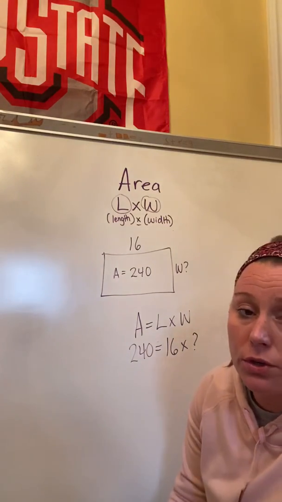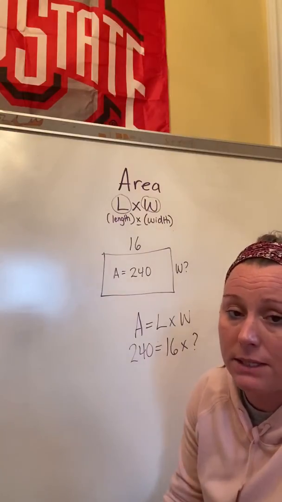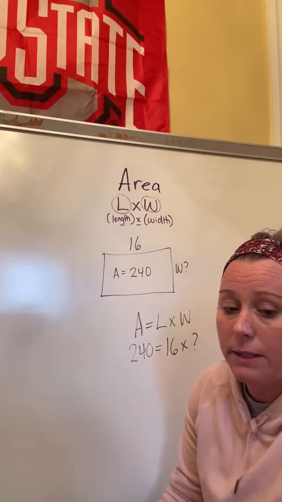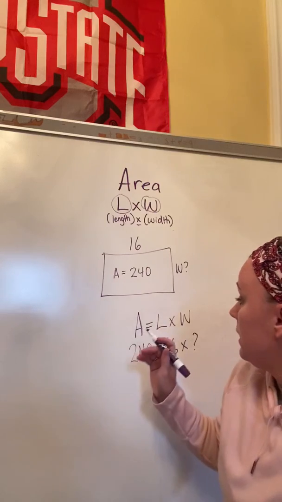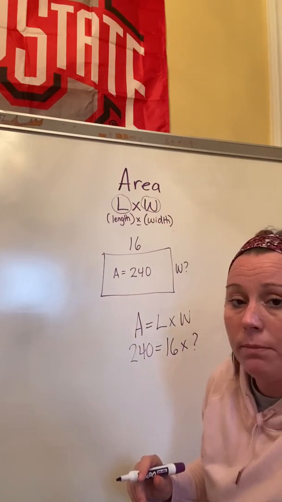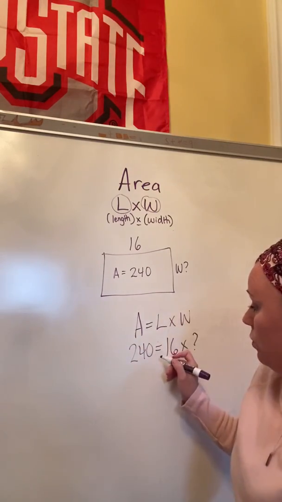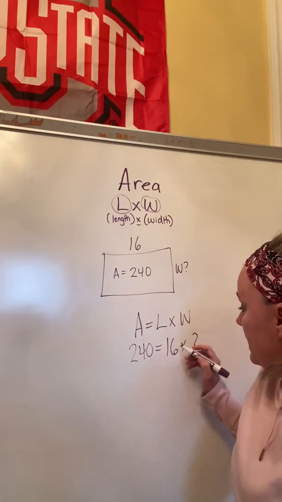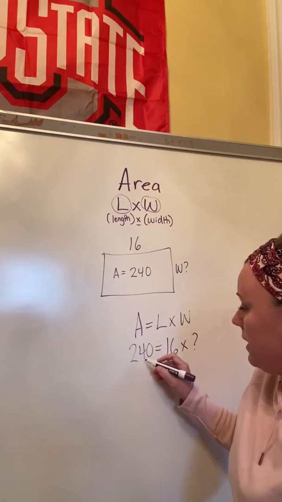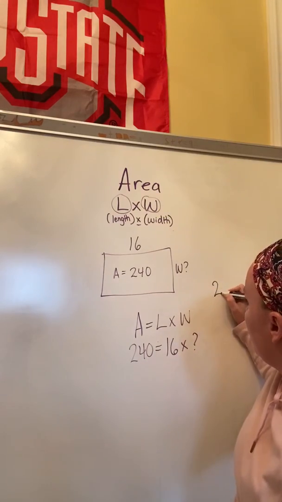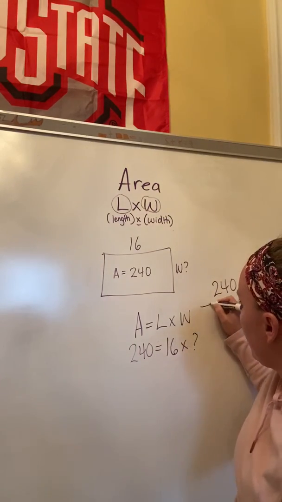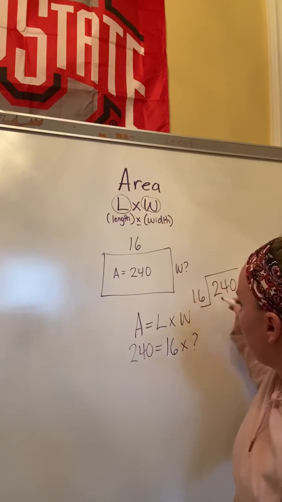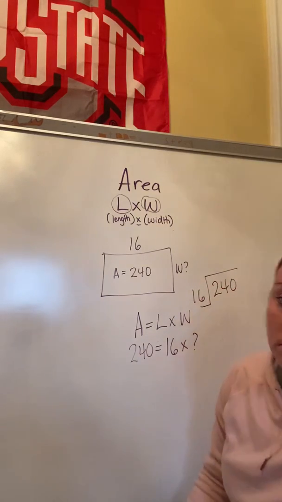Okay, so when you're trying to figure out the missing side or the missing part of a multiplication problem, you will use division to help you find it. So to find what the width is of this shape, I will have to do 240, and I will have to divide that by 16.